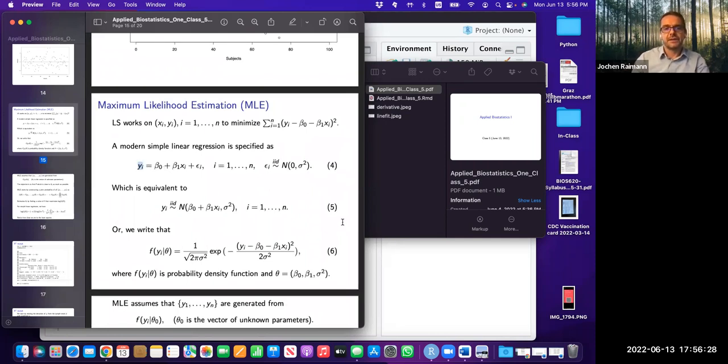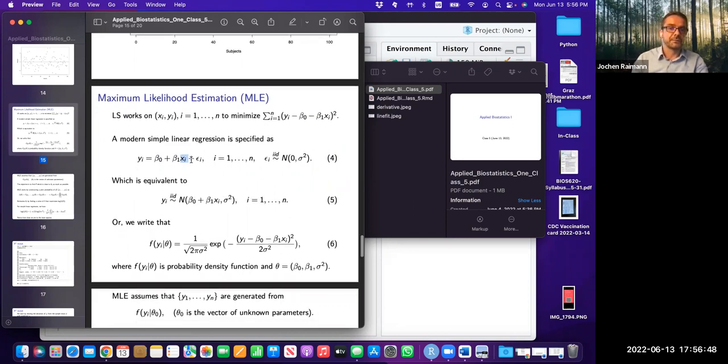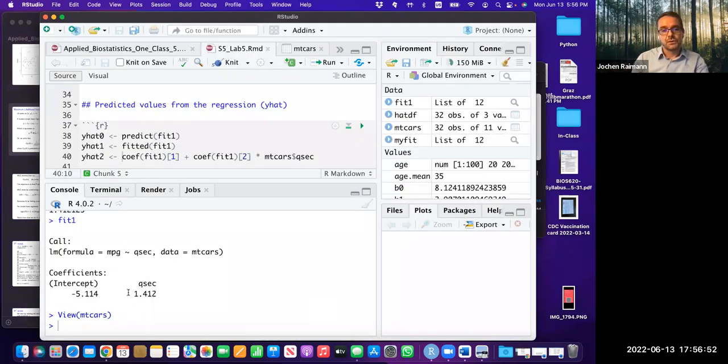We're predicting each individual entry for our cars, which is each individual MPG, equals the beta 0, which is our intercept, plus our slope, which is coefficient 2, multiplied by an xi, so the entry on x, which is essentially each individual entry for QSEC, plus a residual error. So this being said, this is our beta 0, this is the beta 1.